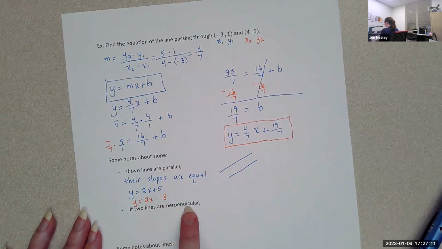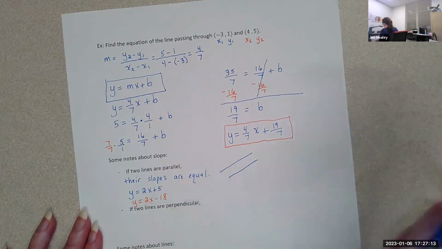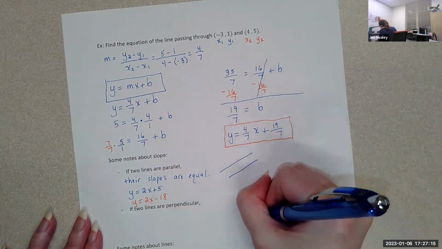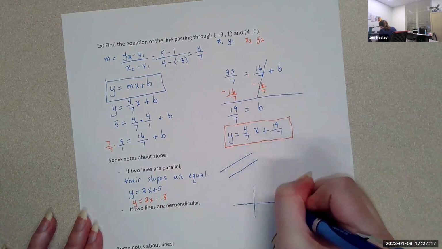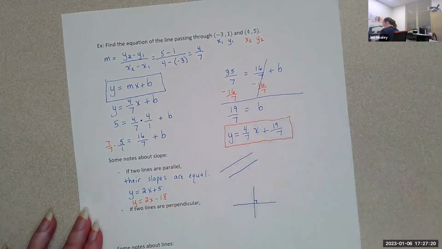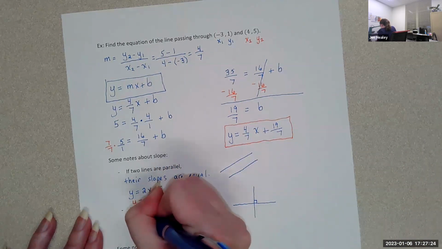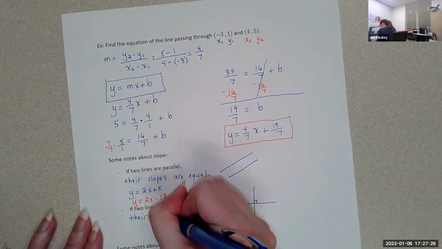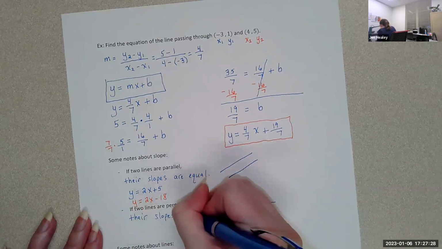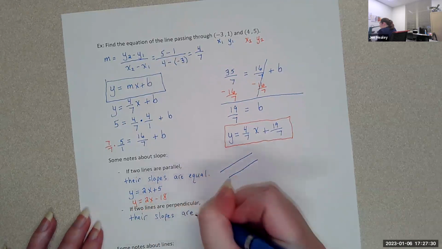If two lines are perpendicular, so perpendicular is that those lines are going to meet at 90-degree angles to each other, their slopes are negative reciprocals or opposite reciprocals.